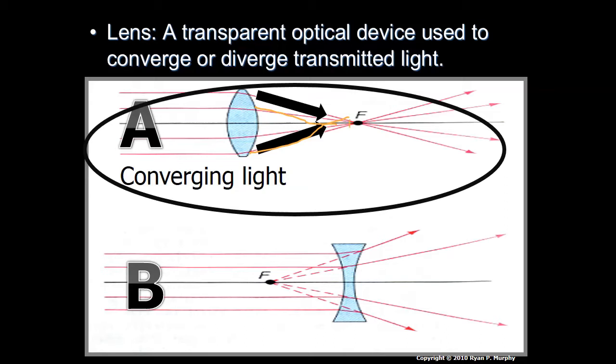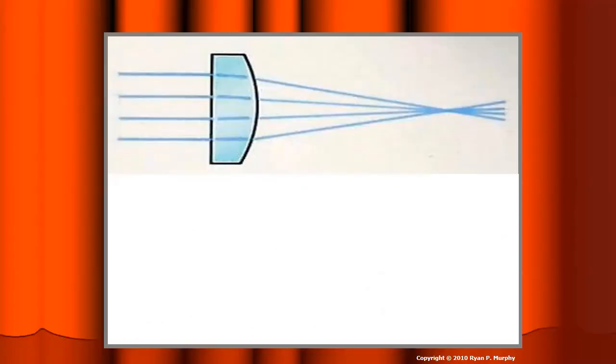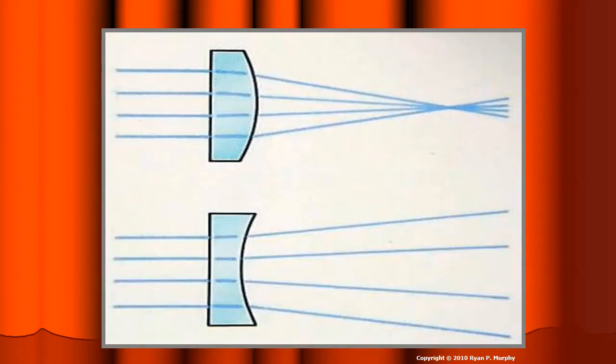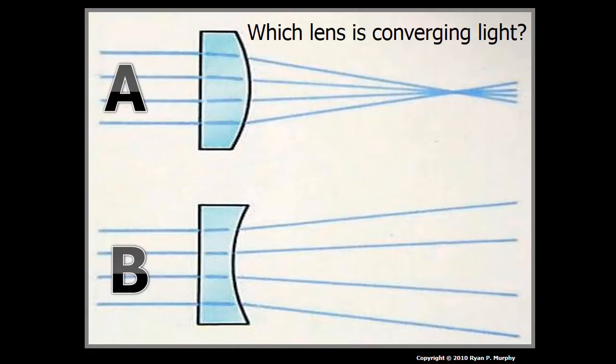One thing to really notice here, though, is that anytime you have converging light, a key part of that is the fact that you have a focal point there. So let's try to draw some of this. Make sure, once again, that you do these drawings really carefully. That's going to be very important because you're going to have to do this later. So here's our convex lens with converging light rays, and here is our concave lens with diverging light rays.